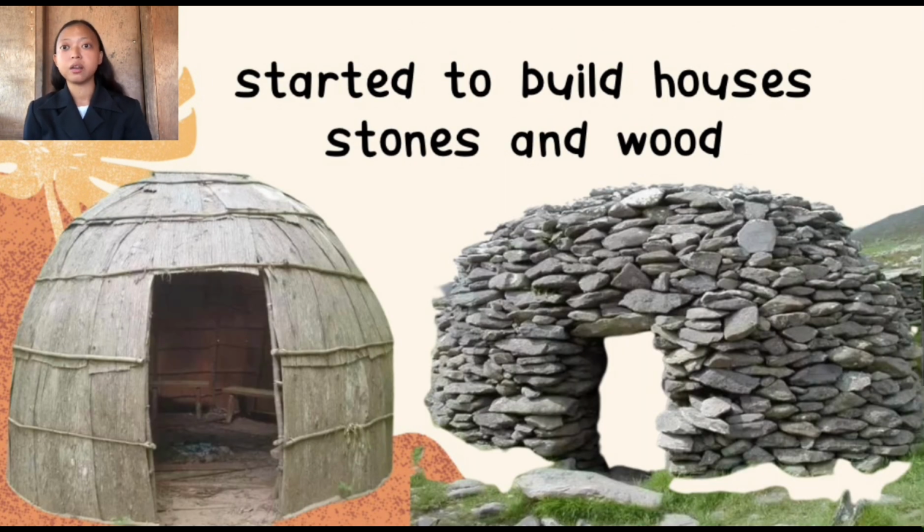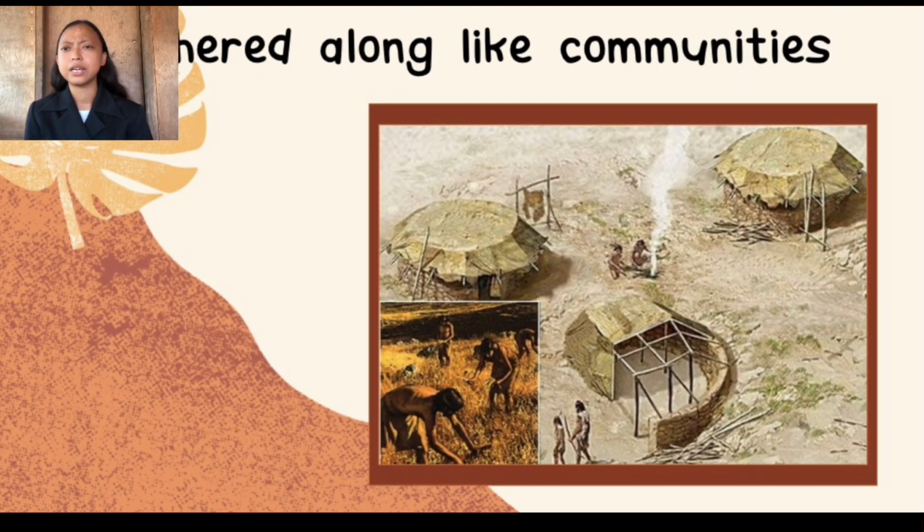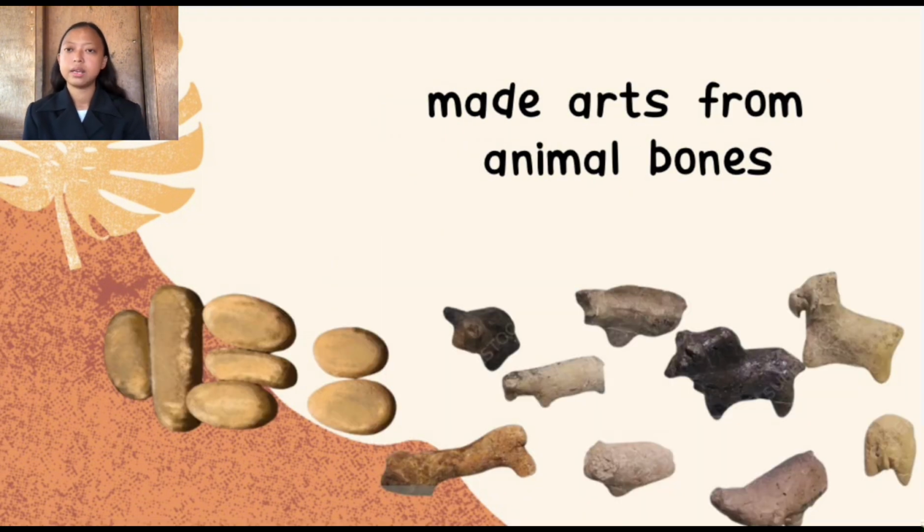They constructed permanent homes using stones and woods. They also buried their dead with a ritual, gathered like communities, ground cereals using mortar and pestle, and also made art using animal bones.